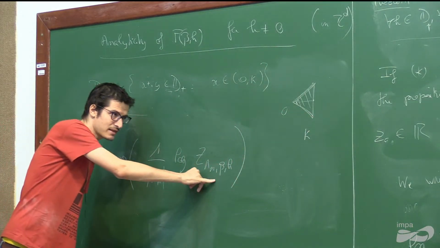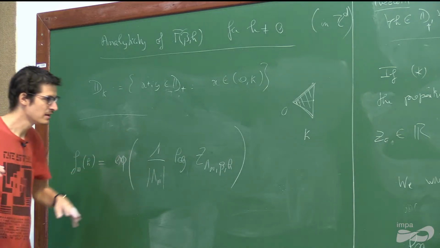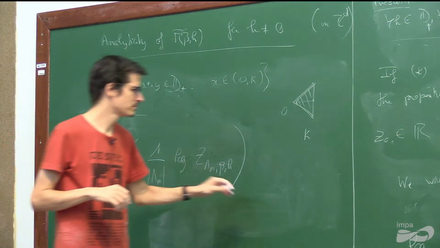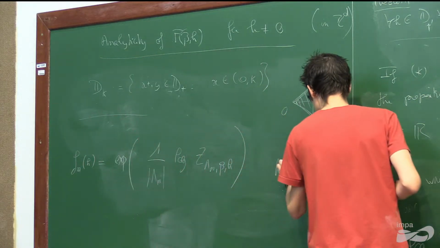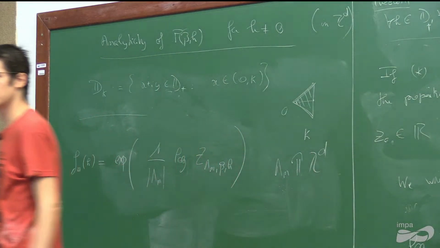This has been defined. This is a complex number. We are taking the exponential of a complex number, and dividing a complex number, which is not a problem. And here, lambda_n is just an arbitrary sequence that converges to Z^d in the Van Hove sense.